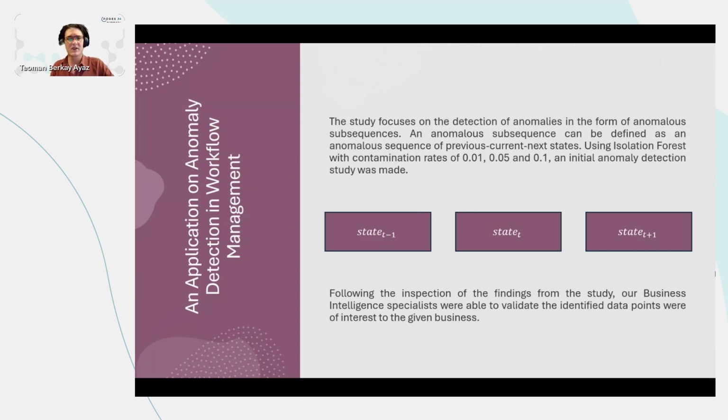So we used the isolation forest algorithm with contamination rates of 0.01, 0.05, and 0.1. So once the study was complete, we delivered the findings to the business intelligence specialists we have in our research center. And they were able to validate that the results were, in fact, truly anomalous instances.